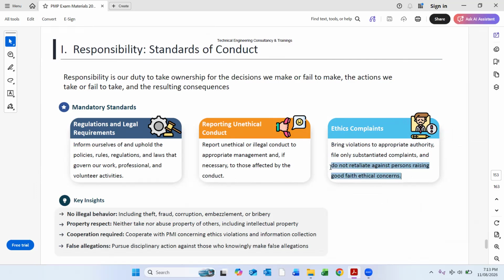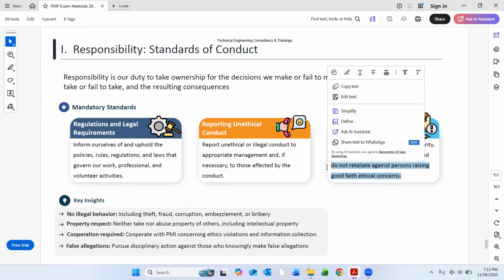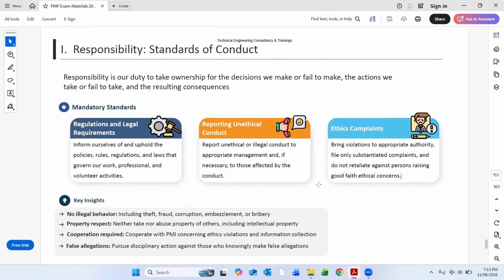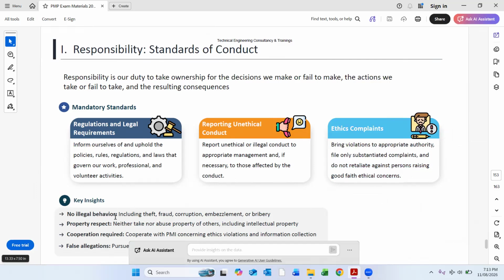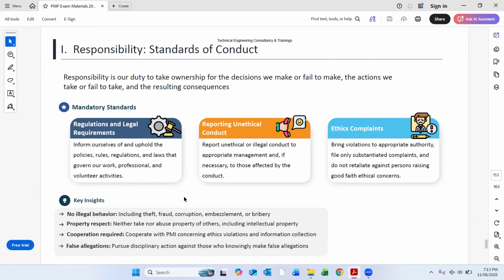So if someone is raising concerns or ethical complaints against us, we should not retaliate, right? We should think that he is doing his best to maintain the ethical standards in the organization. Okay, so no illegal behavior like theft, fraud, bribery, or corruption.